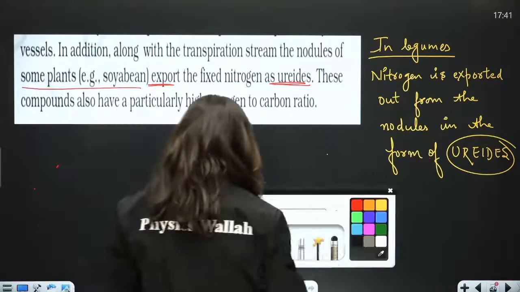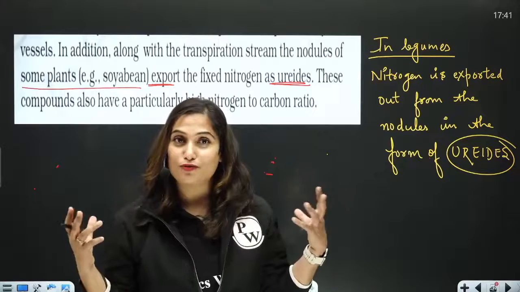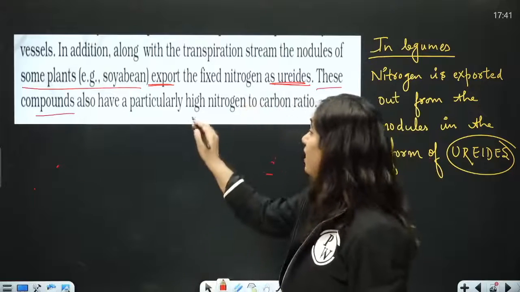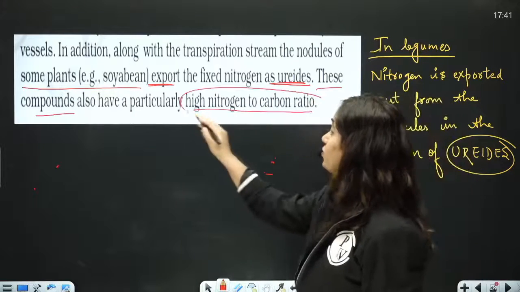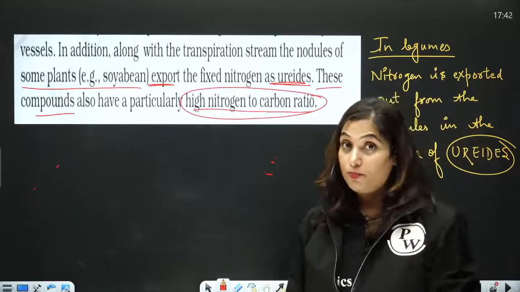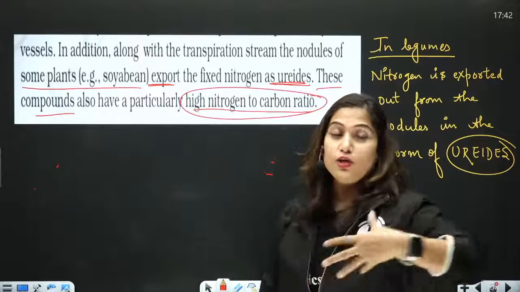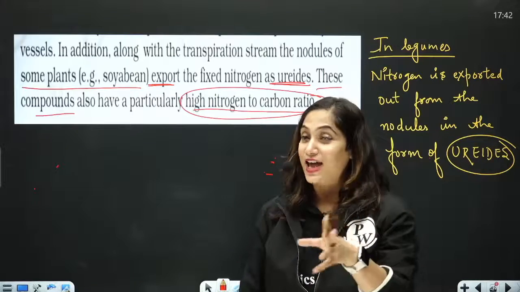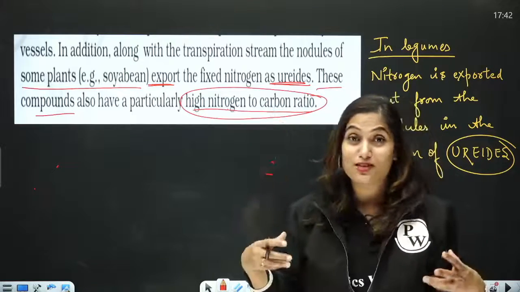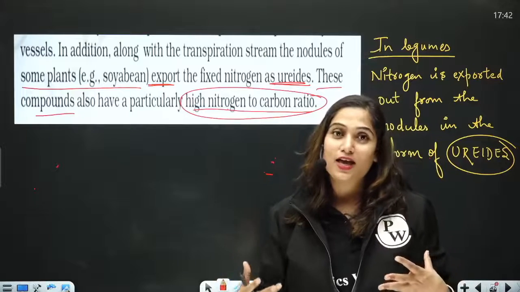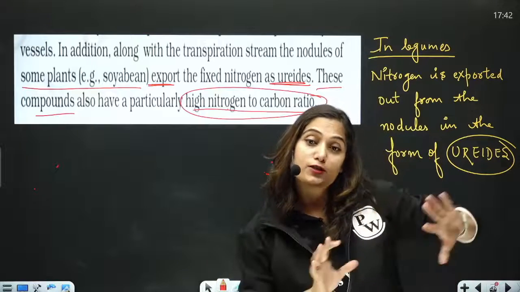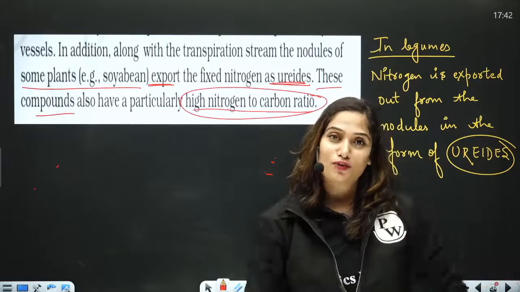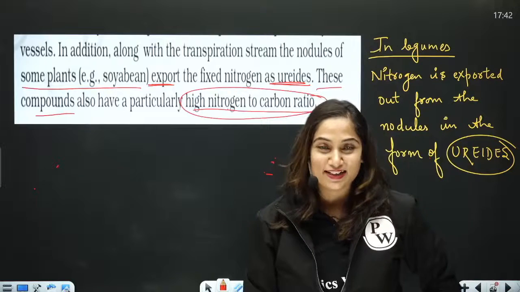Why? Because these urides have a large amount of nitrogen in them. See what NCERT is saying? These compounds have high nitrogen to carbon ratio. If the option says that urides have high carbon to nitrogen ratio, that would be false. Urides have high nitrogen to carbon ratio. That means they have a high amount of nitrogen. That is why the leguminous plants prefer to export the nitrogen from nodules to different parts of the plant in the form of urides. Okay?